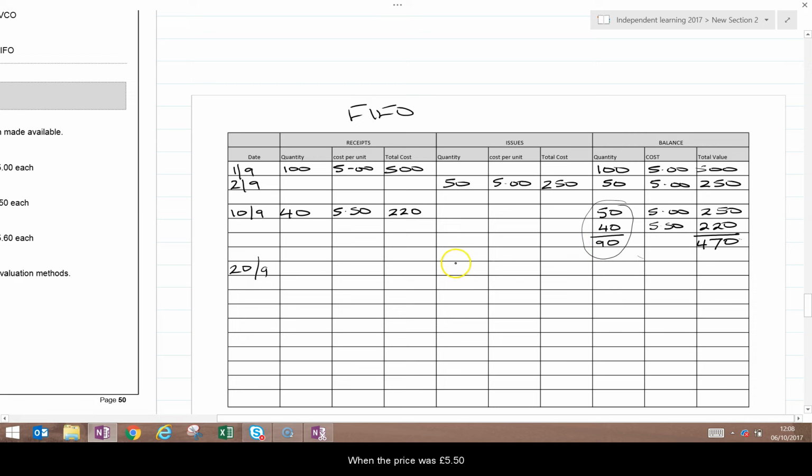So in our issues column, we state we're issuing 50 at £5, which is 250. We're issuing 10 at £5.50, which is £55.